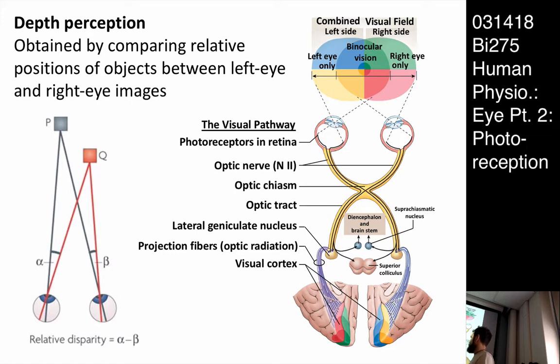This lateral geniculate nucleus is actually part of the thalamus. So what did I say about the thalamus? What have I said about the thalamus so far this year? What is the thalamus involved in? It does a number of things, but I've mentioned it in the Wilder Penfield lecture, right?